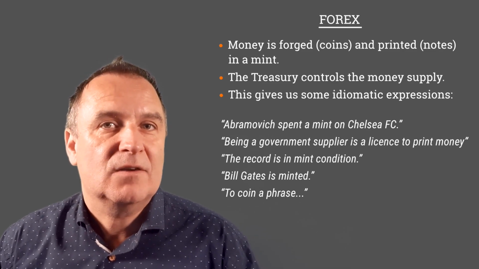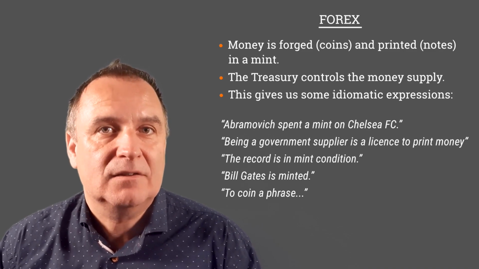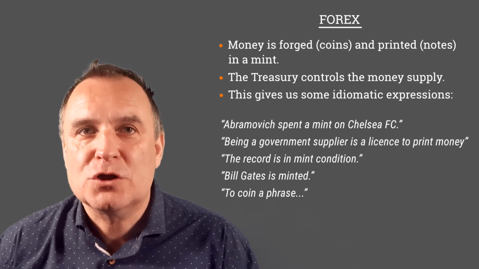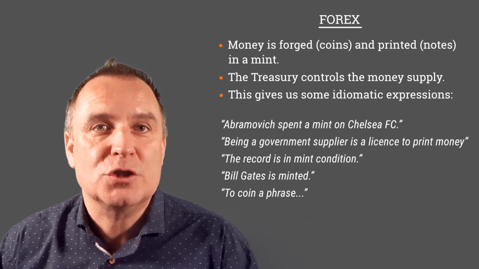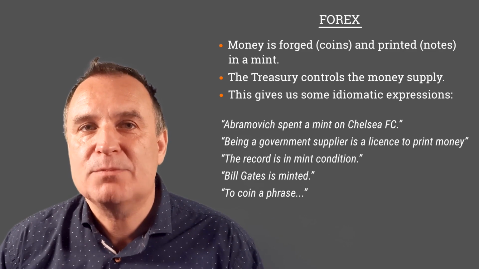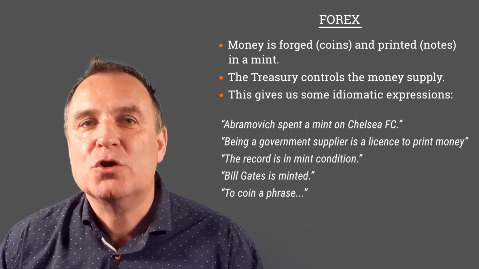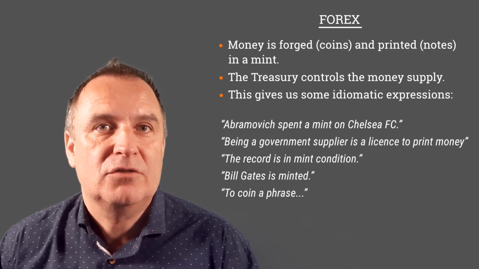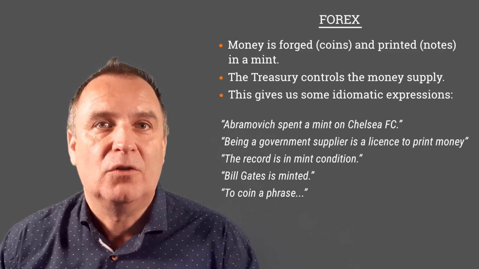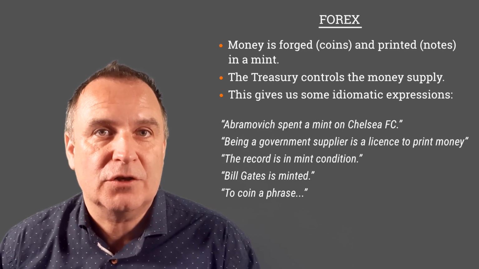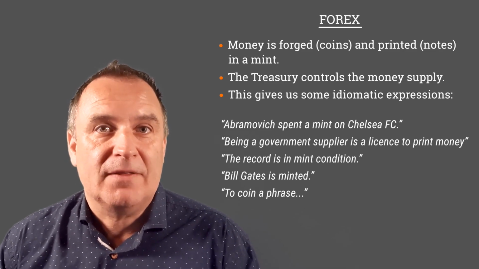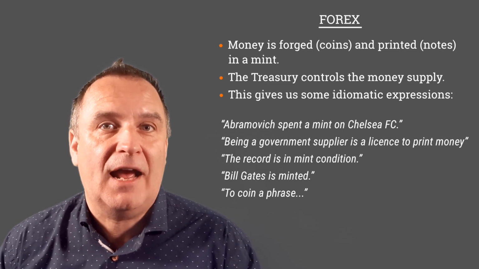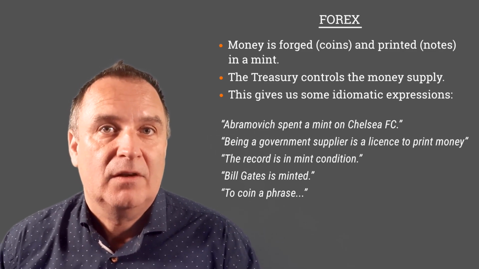Now, coins, when they're created, the small metallic discs, are forged. So the word we use is to forge. Be careful with this phrase because to forge also means to create a fake, counterfeit or fraudulent version of something. But in this case, we also use it to create the original and valid version of money.